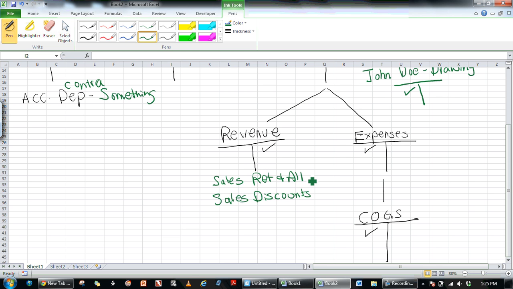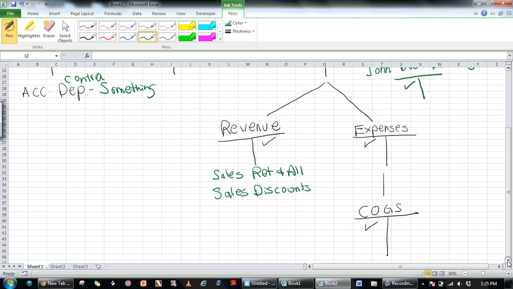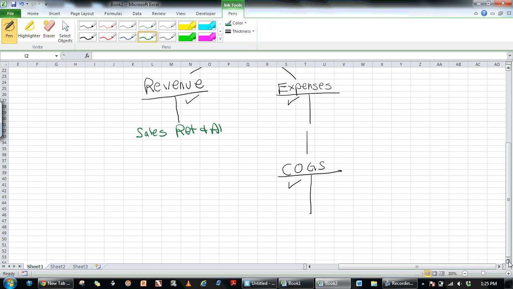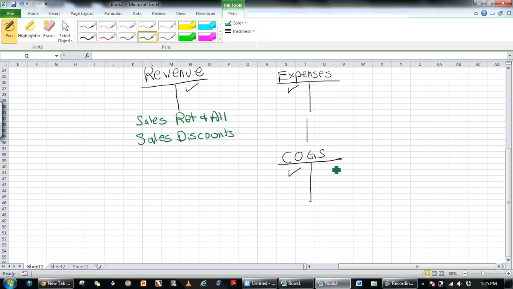It'll increase on the debit side. In expenses, you haven't learned any contra accounts, but in cost of goods sold, you have learned contra accounts: purchase discounts and purchases returns and allowances.